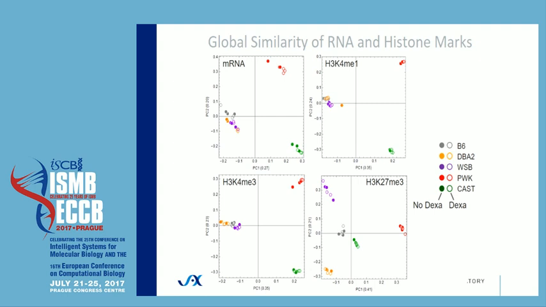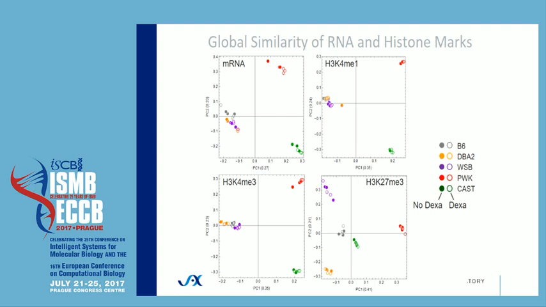K27 trimethylation looks a bit different. You still see the separation, but you're also getting more separation between the domesticus strains. And there's just less genetic variation in that mark. And so you're not seeing the extremes that you see with those 2 outlier strains in that assay. Incidentally, all of the other domesticus strains that we didn't assay with dexamethasone pile up here as well.